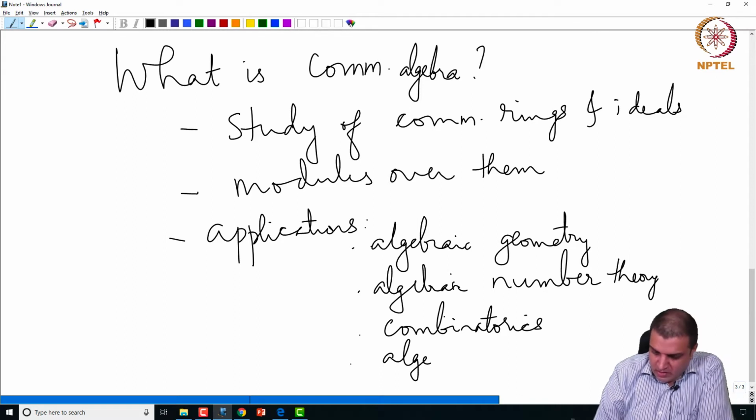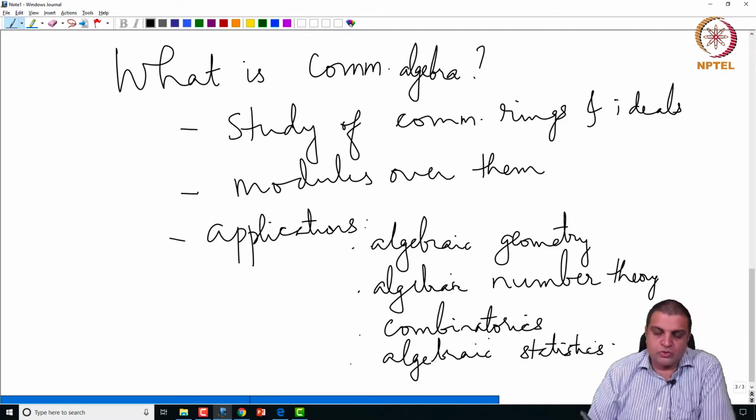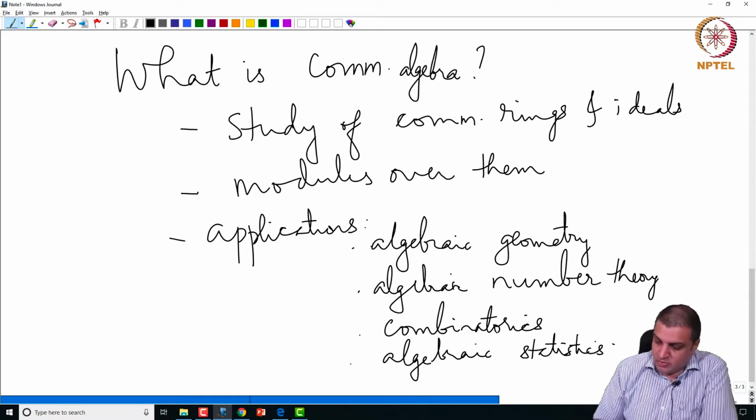These two topics, applications to these two topics, are relatively more modern. And applications to the last two topics typically are related to the computational aspects of commutative algebra.